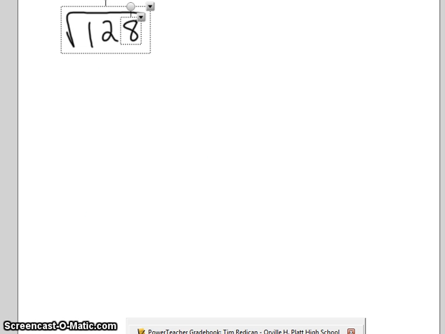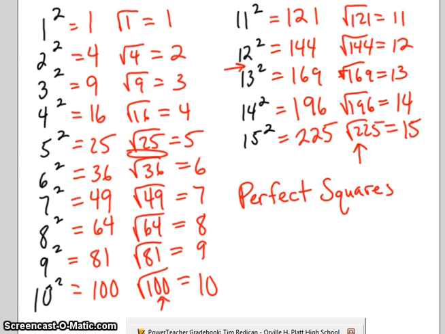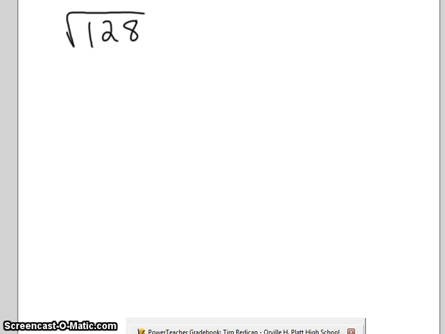Let's look at another one. The square root of 128. Okay. Which perfect square goes into 128? Which perfect square is a factor of 128? Okay, well, if you don't know, instead of searching for one, what you can do is just say, all right, maybe 4. Let's see if 4 goes into it.